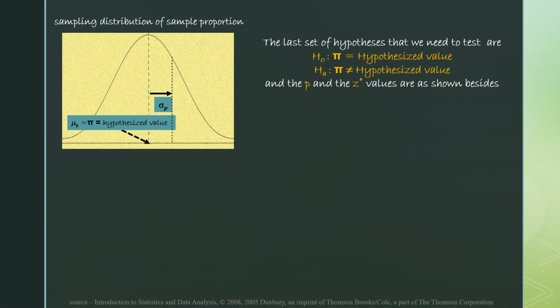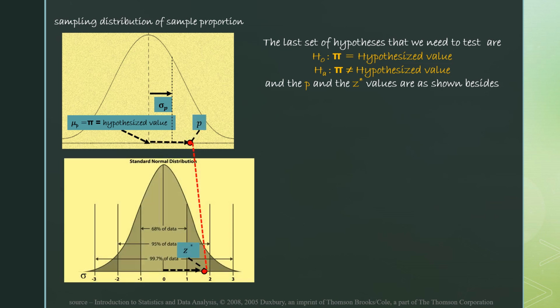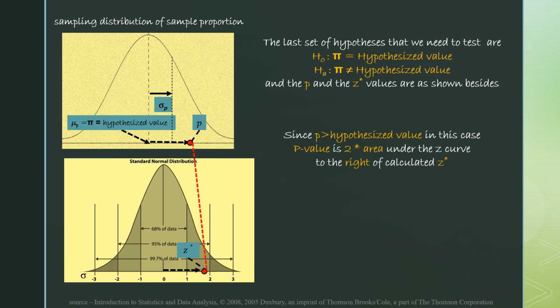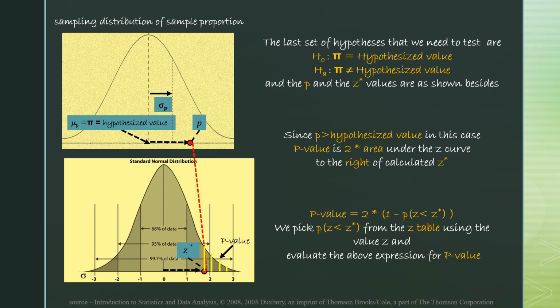The last set of hypotheses that we need to test are H0, that is π equals the hypothesized value, and HA, that is π not equal to the hypothesized value, and the p and the corresponding z values are as shown alongside. Since p is greater than the hypothesized value in this case, the p-value is 2 times the area under the z-curve to the right of the calculated z star. P-value equals 2 times (1 minus the probability of z taking a value less than z star).